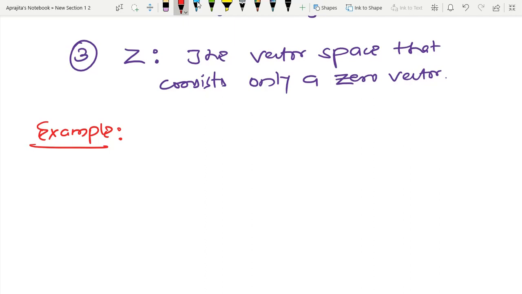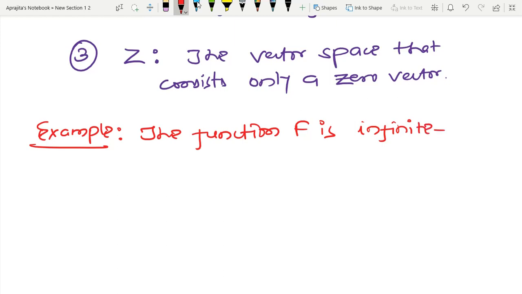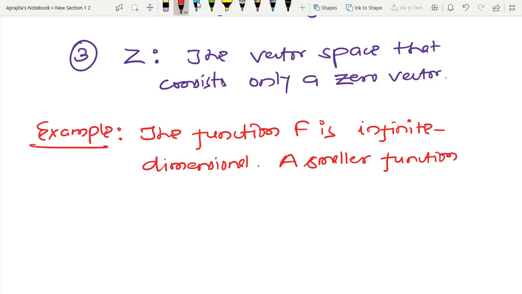So I am going to write that example. The function space F is infinite dimensional. A smaller function space, that is denoted by P, or in some books that is denoted by Pn, containing all polynomials.